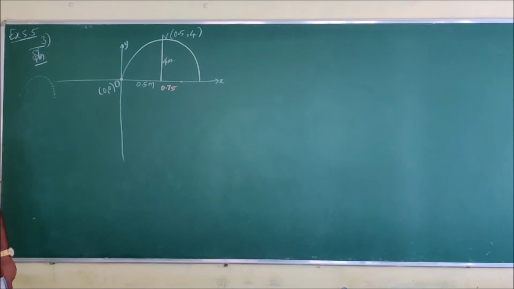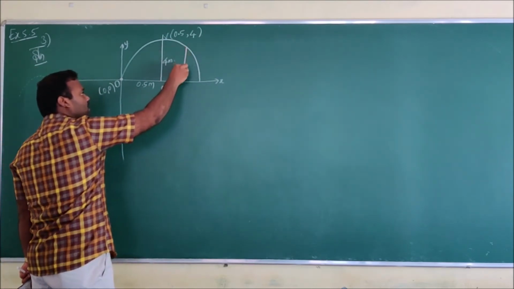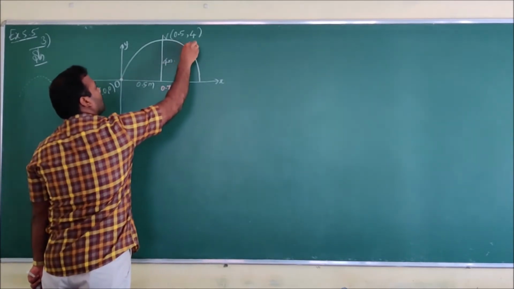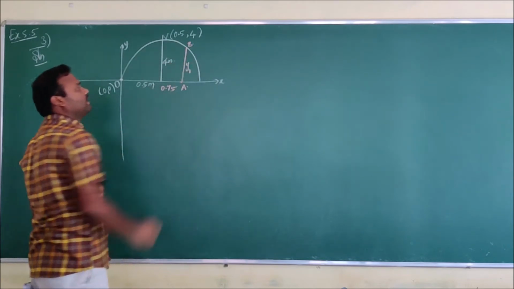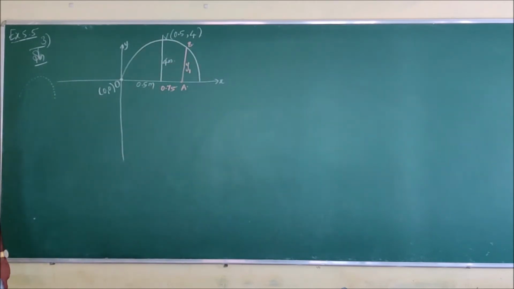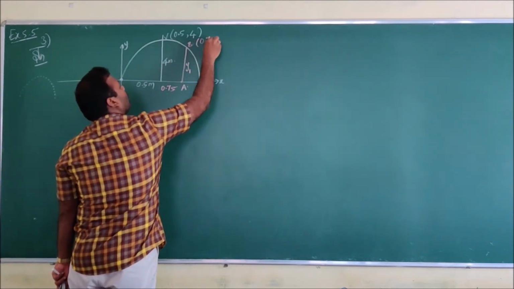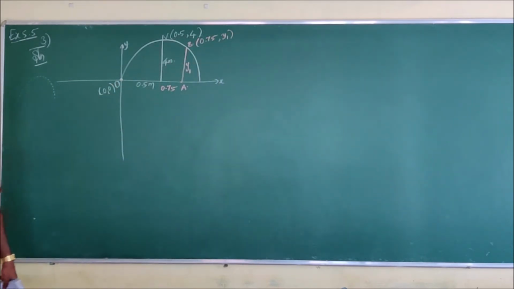What will be the height of the water fountain? Let us take the height of the water fountain as AB. Since it is an unknown distance, you have to take this as y1. So this point B is nothing but 0.75, y1. This is what we are getting from the question.